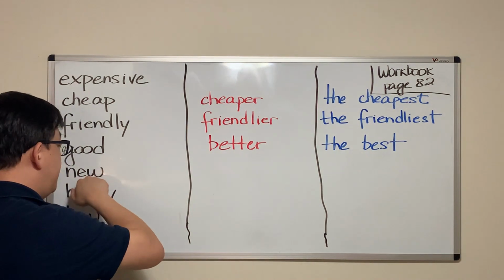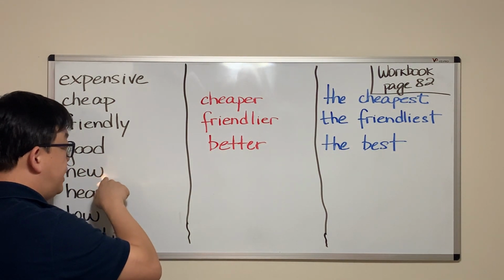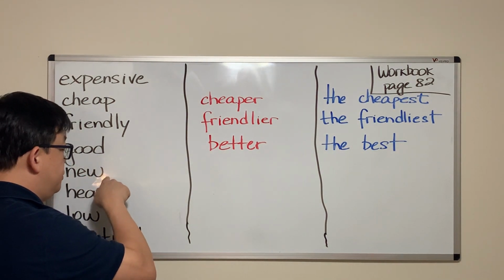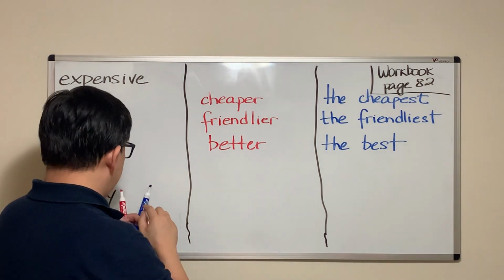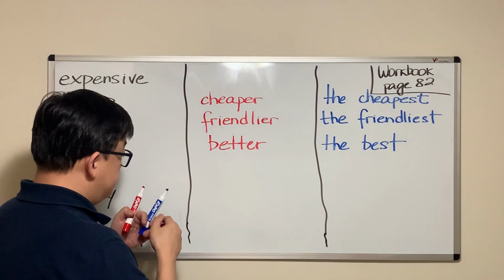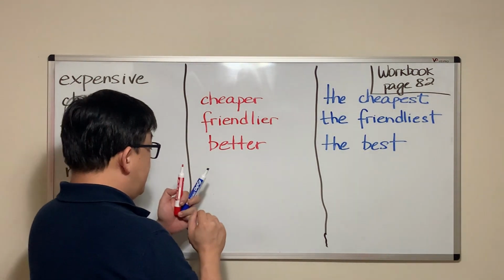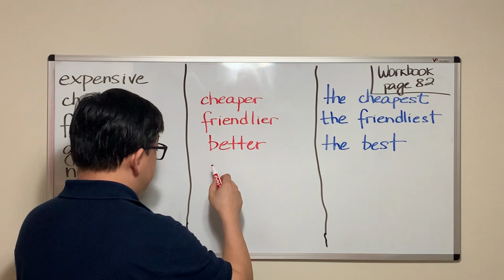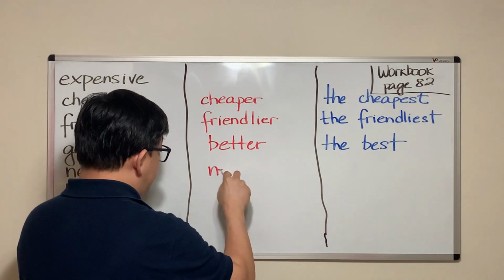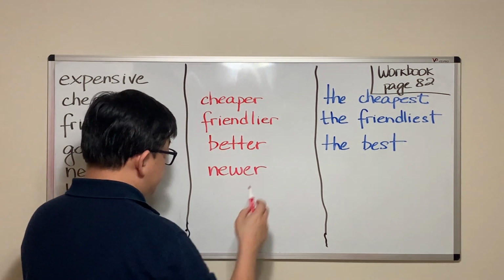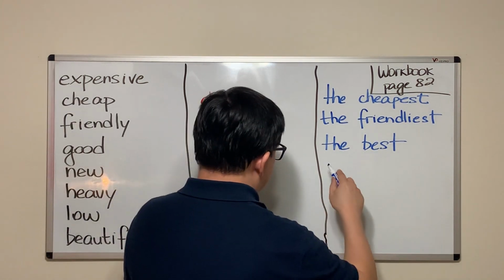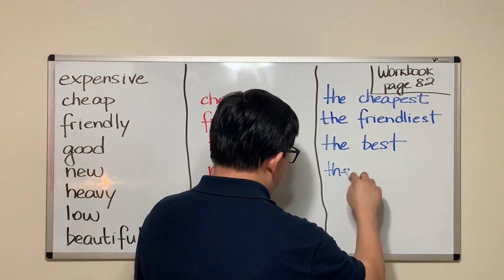New, three-letter word, but remember, it's not 100% rule. So here you have no doubling because it's a W. W never doubles. You never have a doubling of a W. So compared to this, newer. And the superlative of new is the newest.